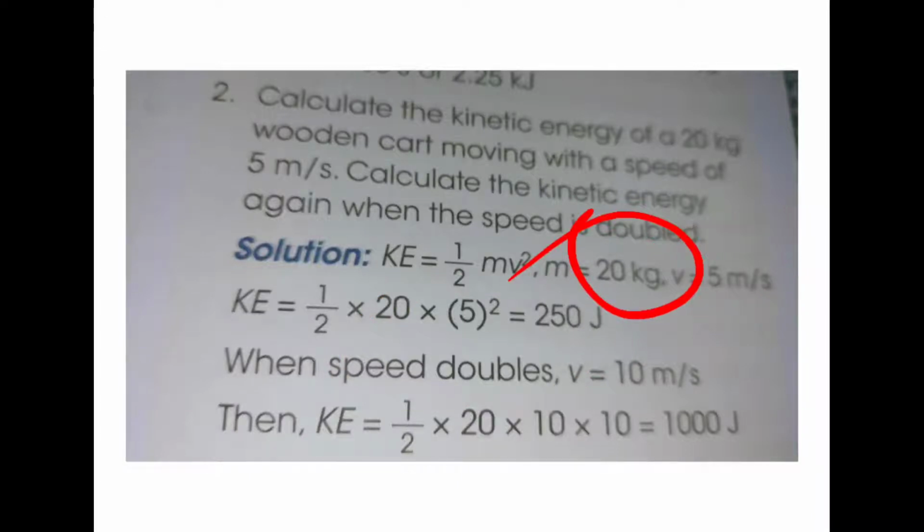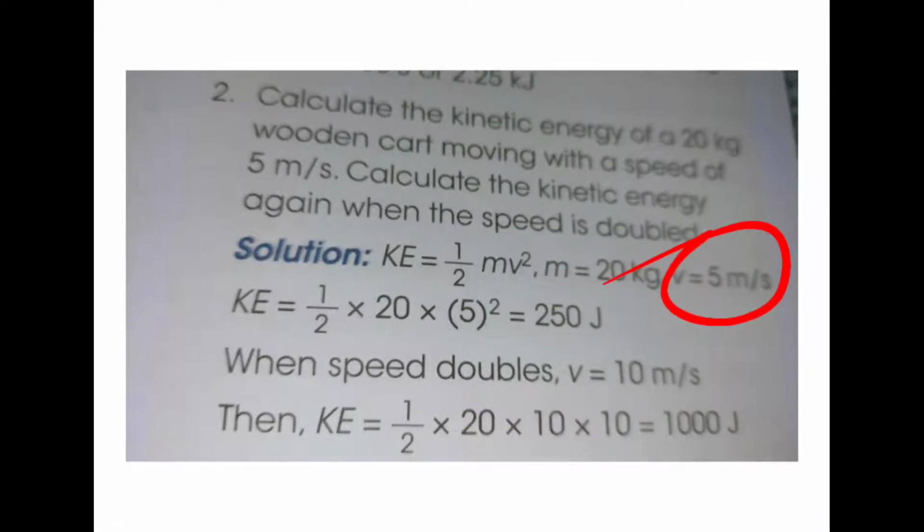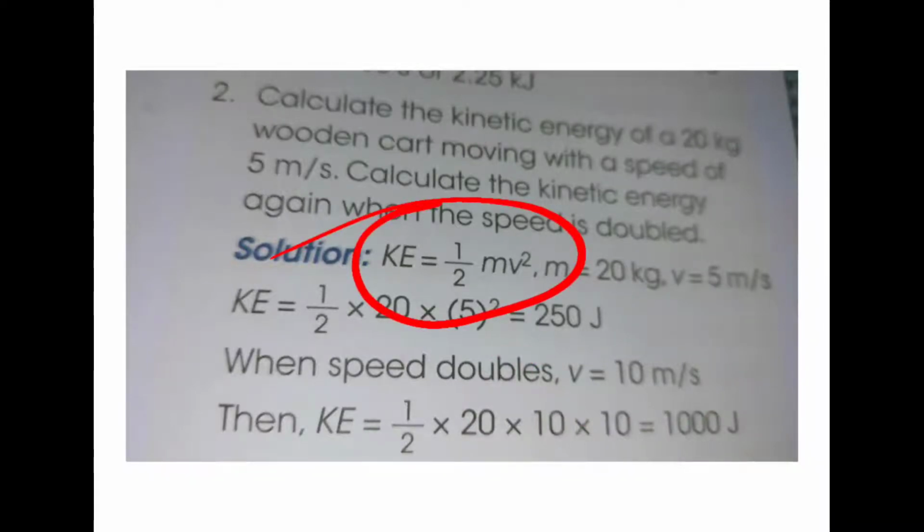Now here in the question it is said, what happens when the speed is doubled? So speed is doubled means first you will see how much speed is given. Speed is given 10 meter per second. Now in the next case when we double it, that means 2 5s are 10. Now velocity is 10 meter per second. So you will substitute again in the same formula, half mv square, that is half into 20 into 10 into 10, that means v square.